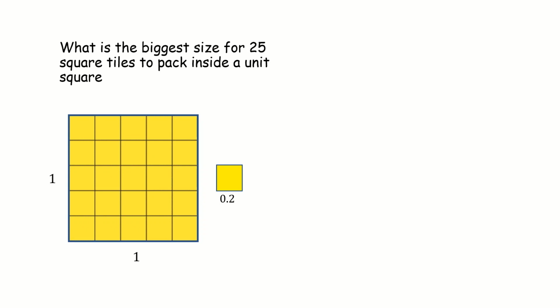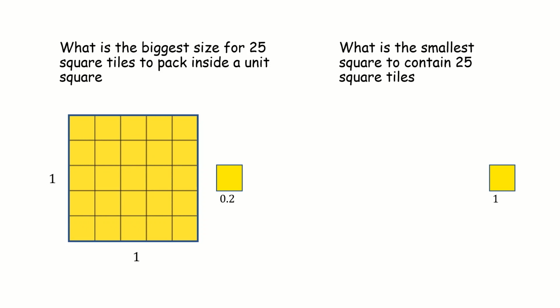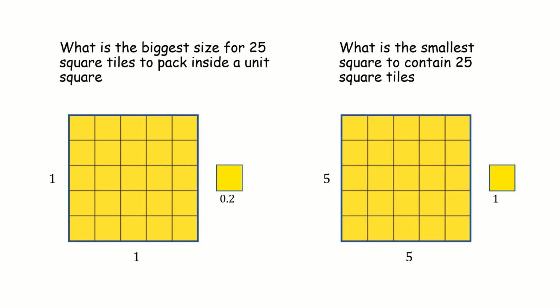Another way is to say that you have a unit size tile and you want to find the smallest square to contain 25 of those tiles. Then you say the smallest size of the square should be 5. As you can see, these are equivalent and the ratio of the two sizes is the same, 1:5. It's just a different approach for the same problem.